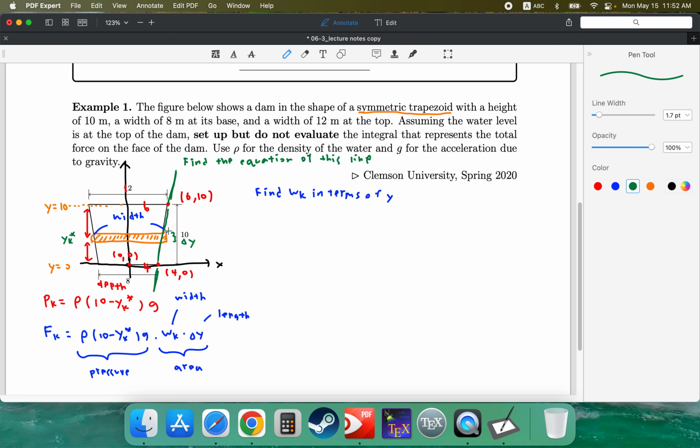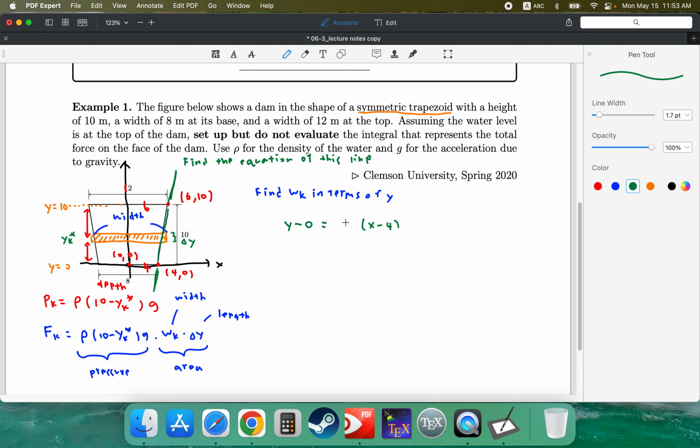And since we have 2 points, we can use the point slope formula. y minus y coordinate equals the slope times x minus x coordinate.